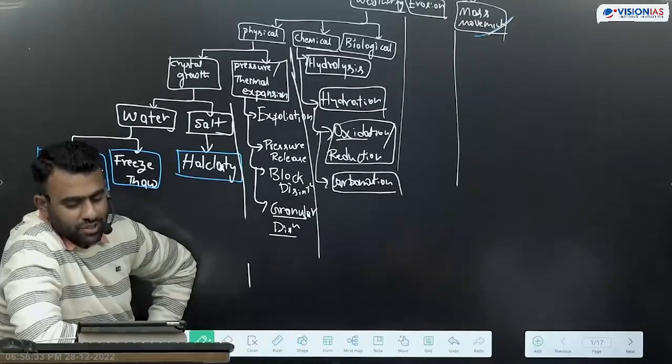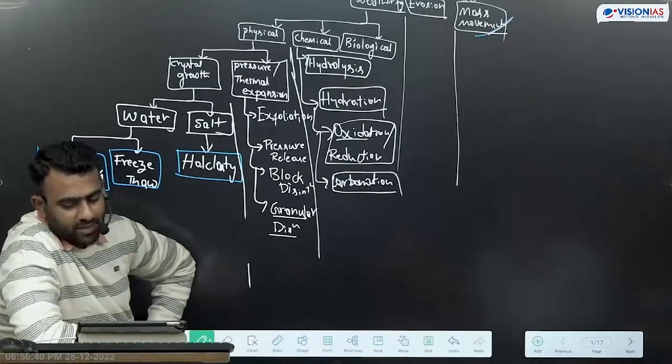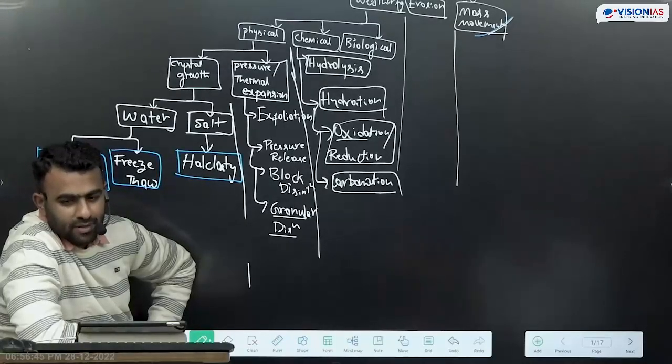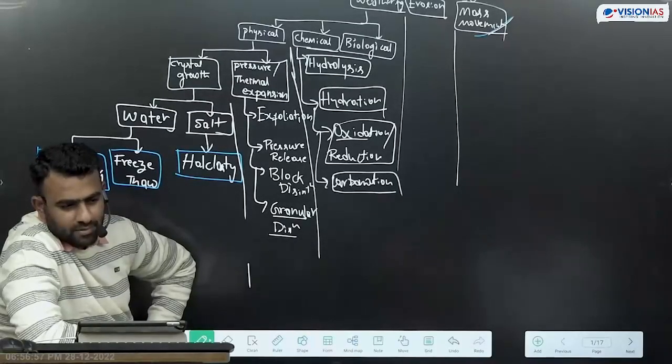Fourth, carbonation. Rainwater absorbs carbon dioxide and gets converted into carbonic acid.